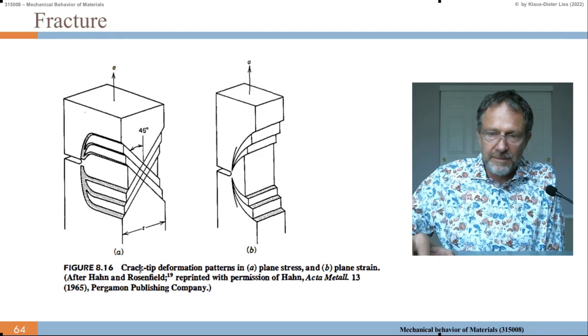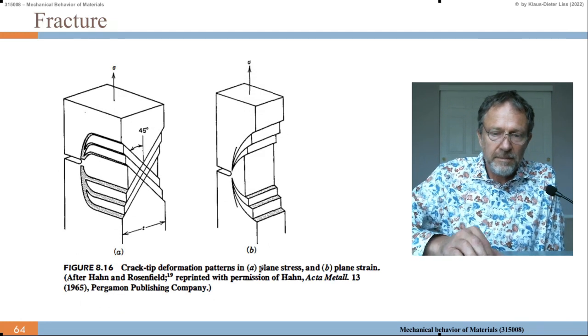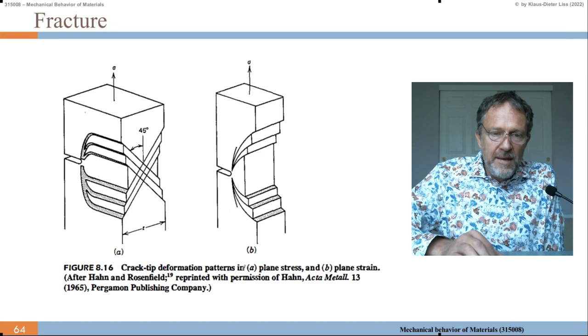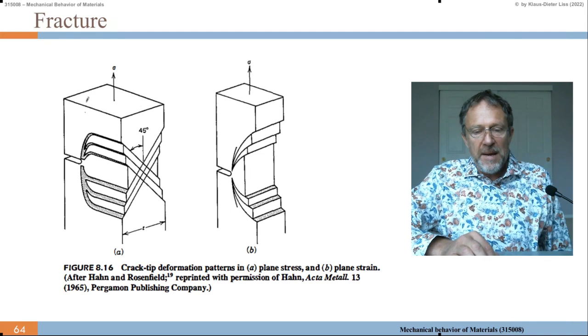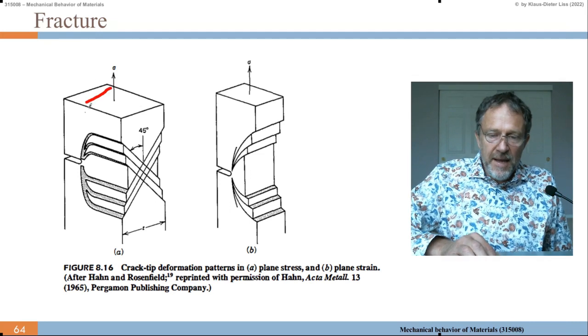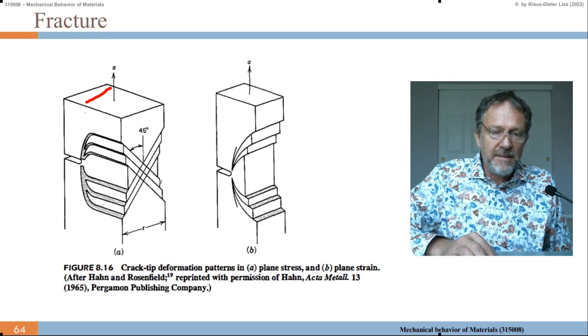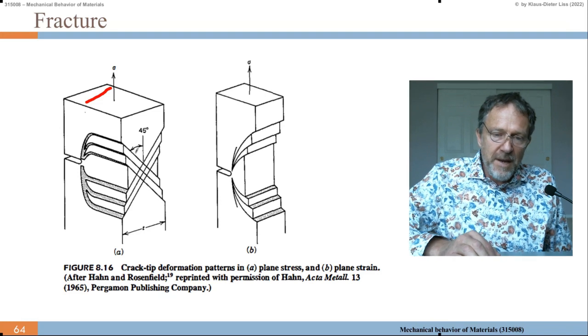The crack tip deformation patterns. In A, where we have plane stress, so B is thin, it's small, I mentioned already we get these 45-degree shear bands, because the Schmid factor is largest at 45 degrees.